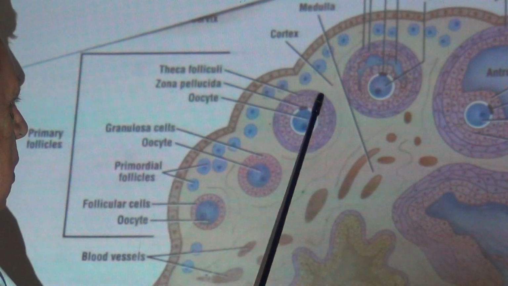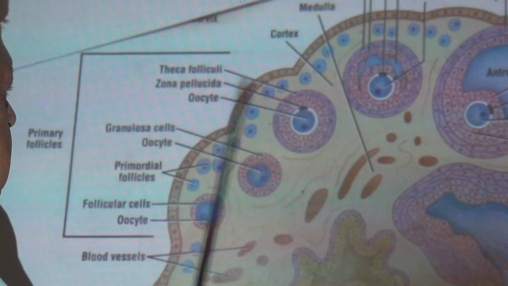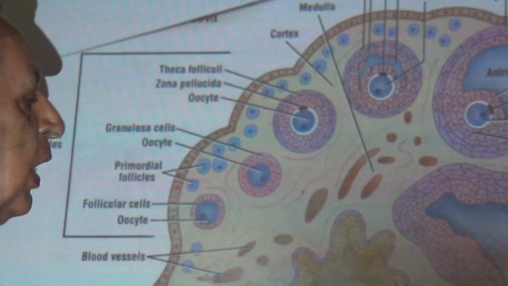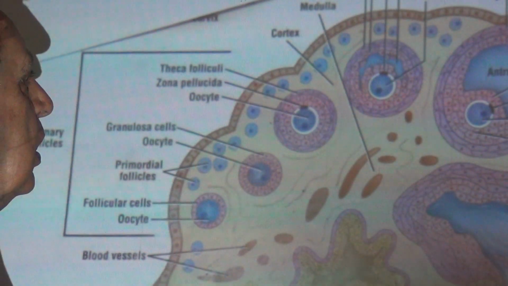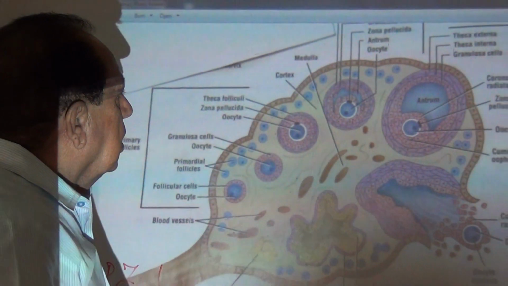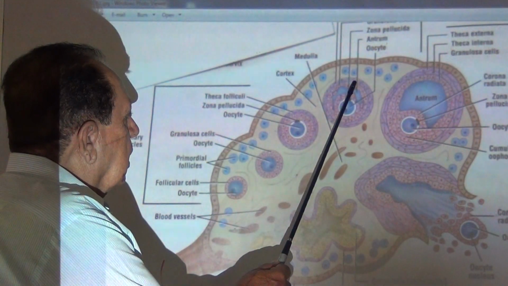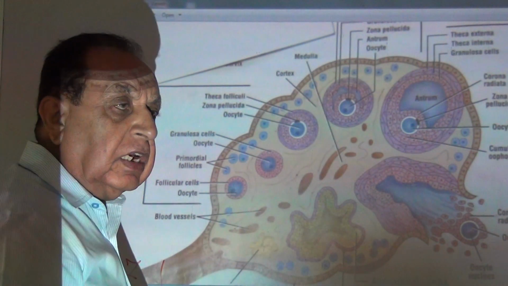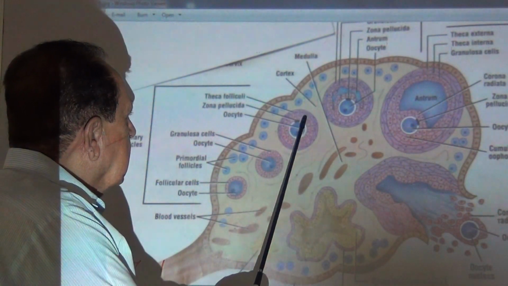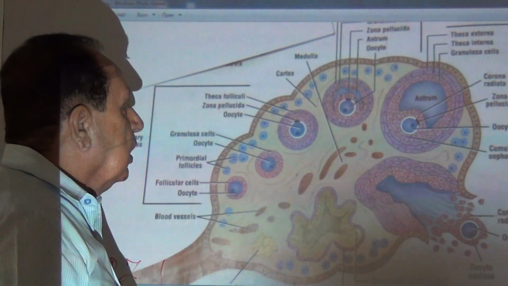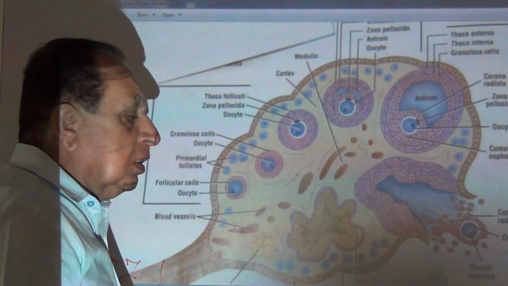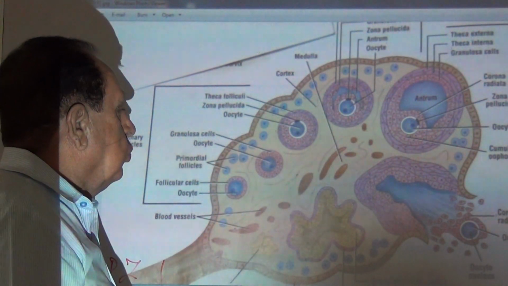This surrounding portion is called the theca folliculi, and it has two parts: the theca interna on the inner side, and the theca externa. The theca interna is highly vascular, while the theca externa contains connective tissue.